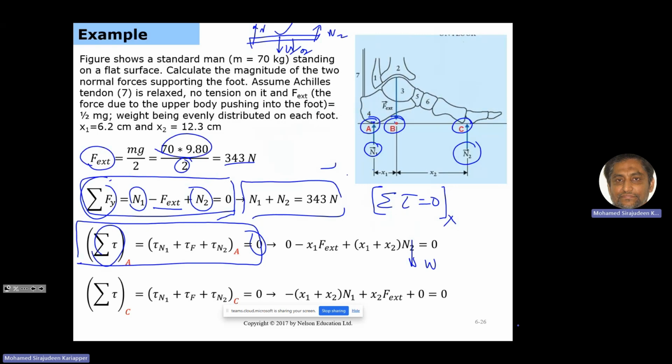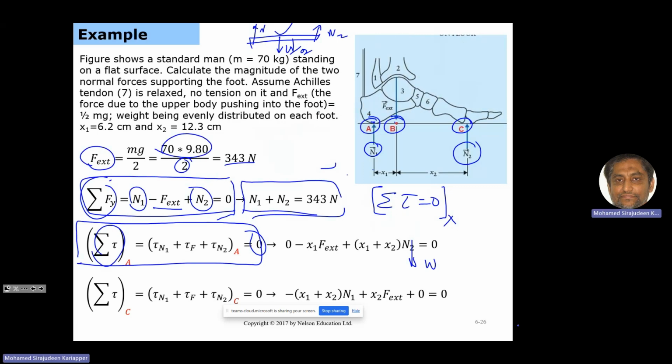Yeah, A or C, right? Good. A or C. Why? One unknown. Yeah. You don't want the equation to end up with two unknowns, then we are kind of stuck.